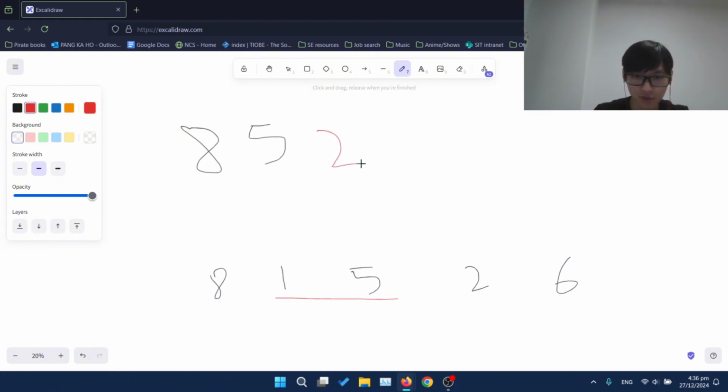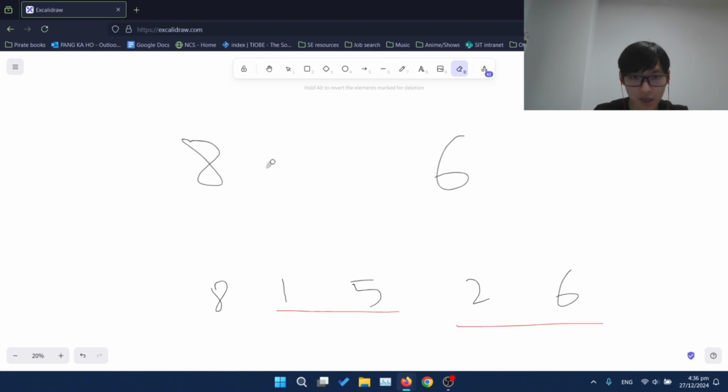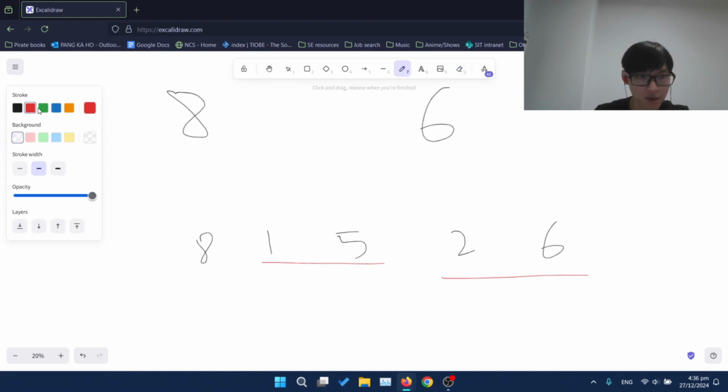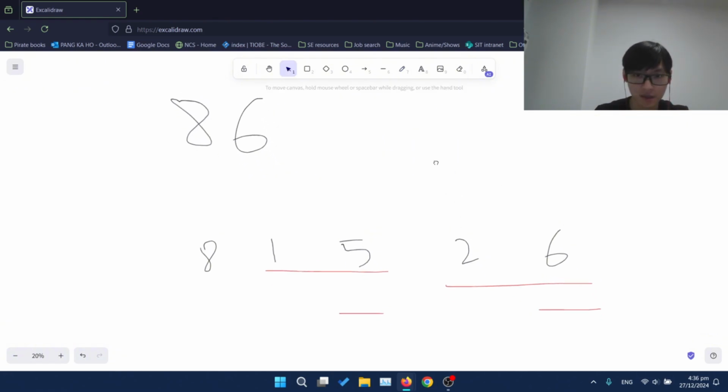Then you put 2, then you put 6. Then now you calculate the answer for this pair, which is 2, 6. Then you calculate the answer for this pair, and then it's like this.